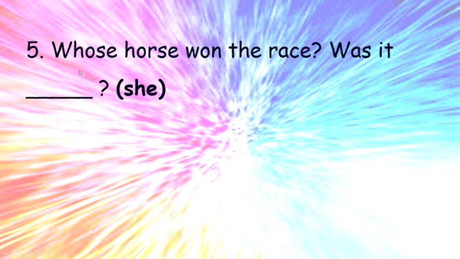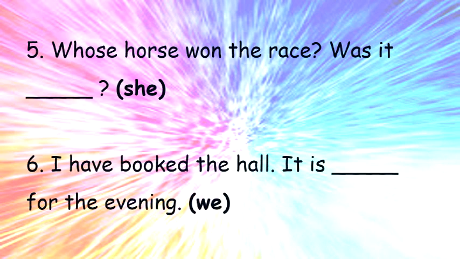Now let us see 5. Whose horse won the race? Was it dash? We are given the third person personal pronoun she. So which possessive pronoun should come here related to she word? Yes, find it and write it.